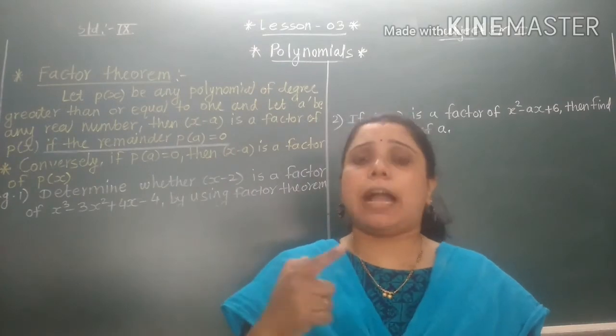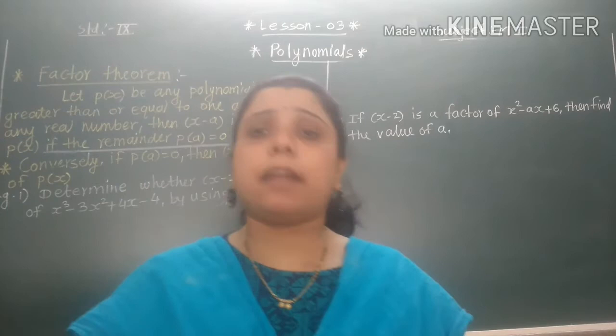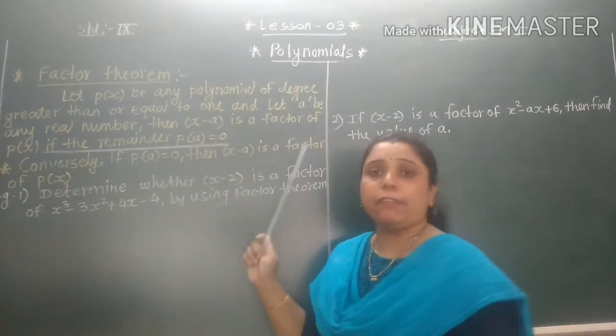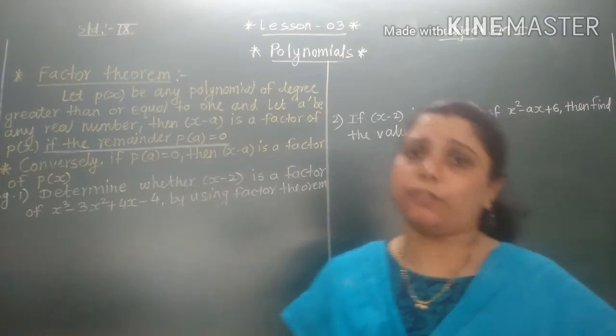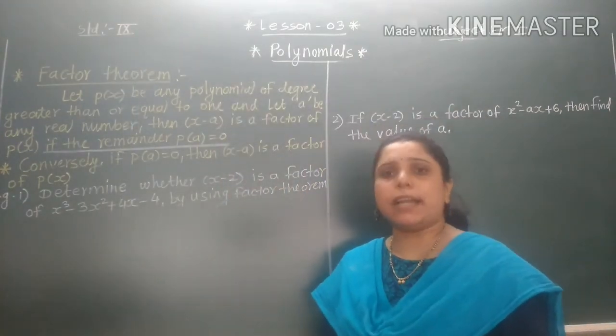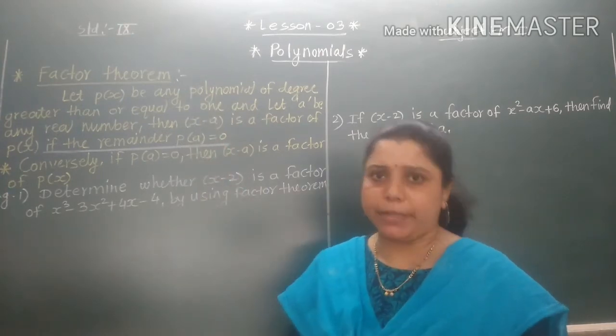If the value of the polynomial becomes 0, then that respective divisor is a factor of the given polynomial. Now let us study this factor theorem with the help of different examples.